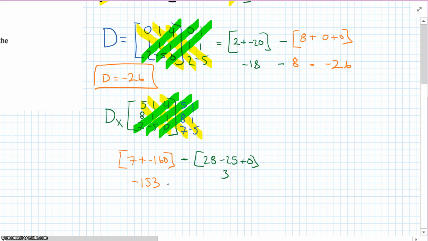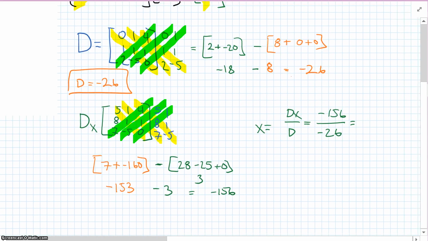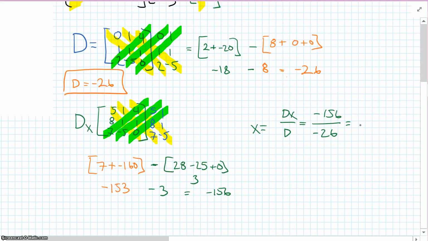So it's going to be negative 153 minus 3, which is going to be negative 156. So my x is my d sub x over d, which would be negative 156 over negative 26.